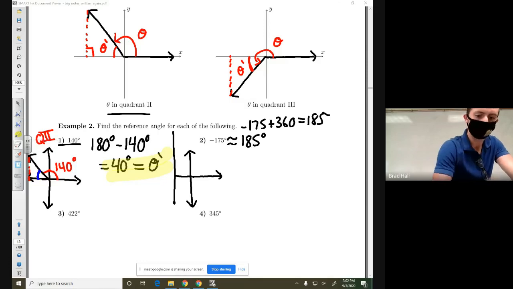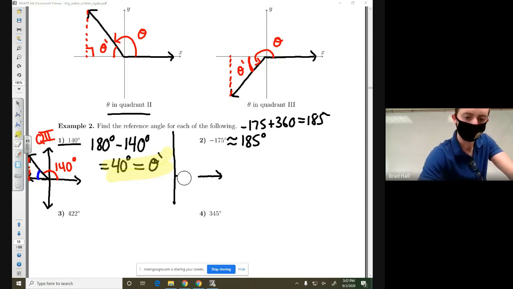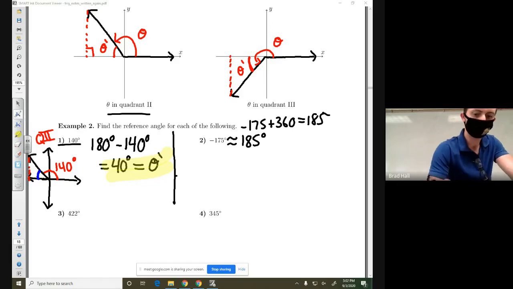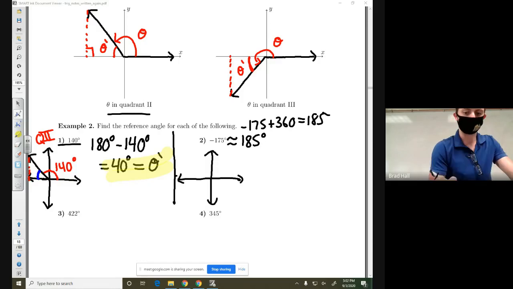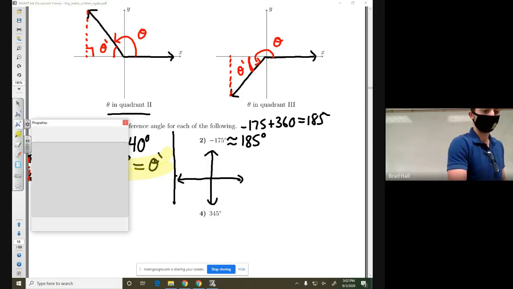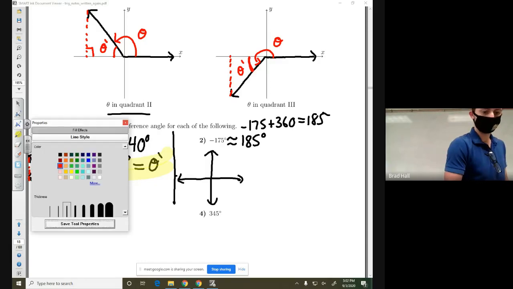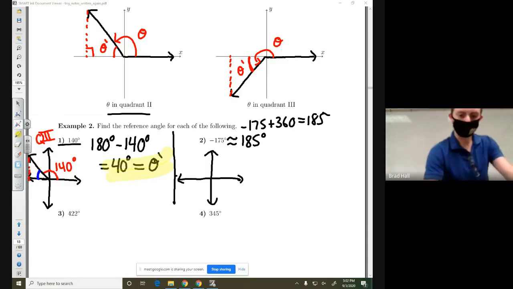Okay, so now the next goal is to figure out where 185 lies. If we start here, going to the first axis is 90 degrees. So far, so good.